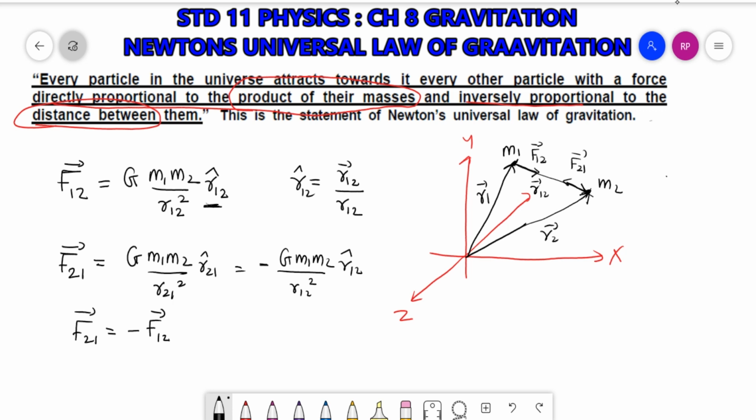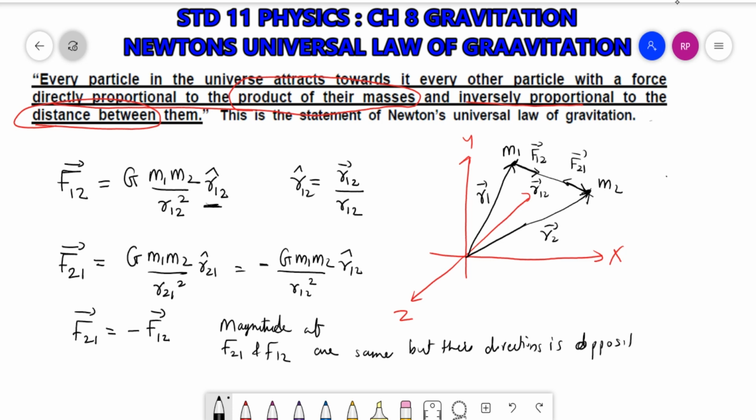So the magnitudes of F12 and F21 are the same, but their directions are opposite.